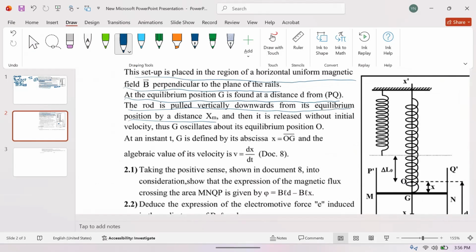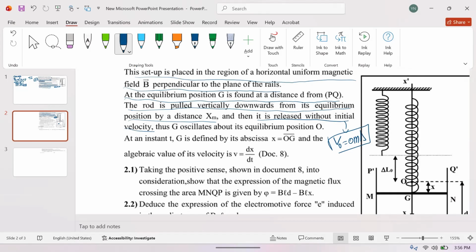So we're pulling the rod MN, and by pulling the rod MN, we're actually pulling the spring. Okay, so to a distance xm, and when we release it, the rod will start to oscillate with the spring. Then it is released without initial velocity. So what does that mean? The speed at the beginning of the experiment was 0. We release it without speed. And at this moment, the rod wasn't at 0, it was at xm, the maximum distance possible.